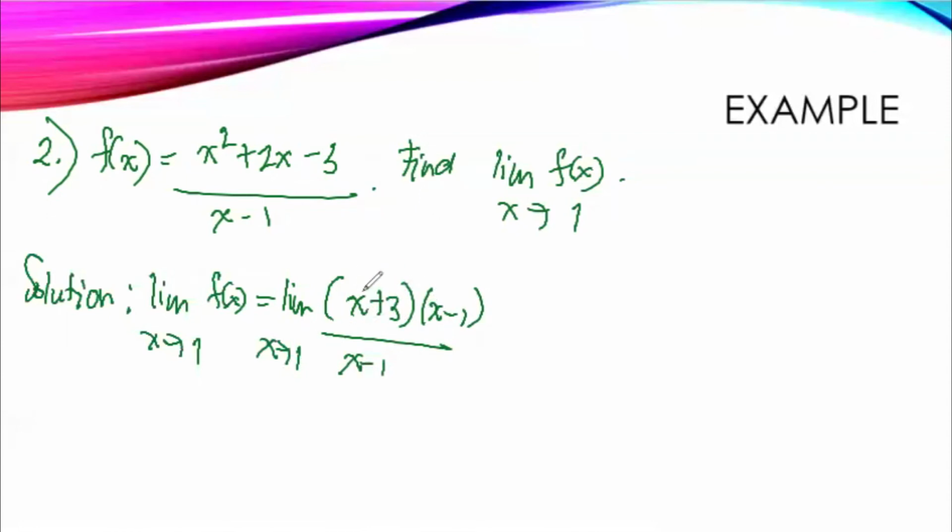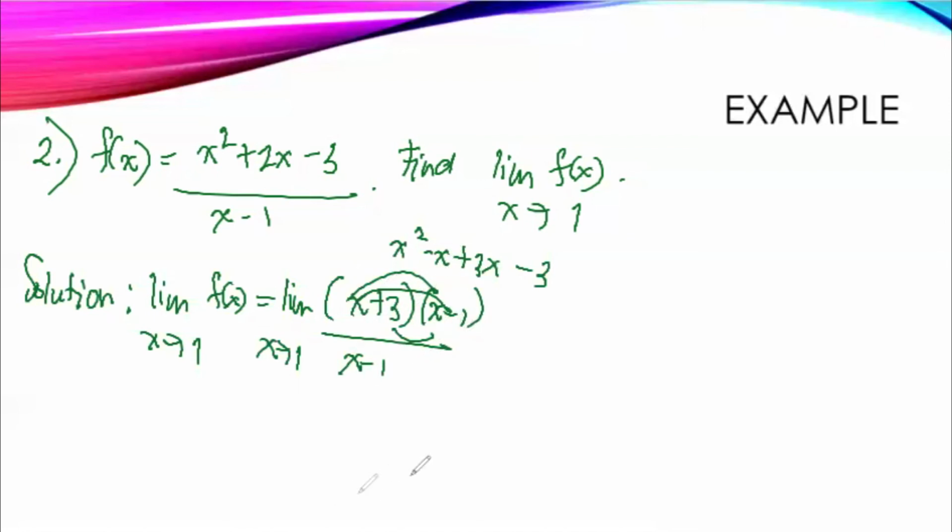Okay, let us check. This is x squared. Then this is minus x. This is 3x minus 3. So we have x squared plus 2x minus 3. In other words, our factors x plus 3 and x minus 1 are correct.